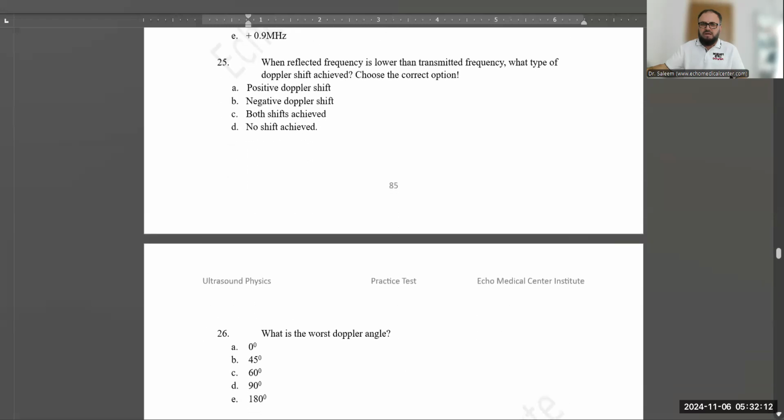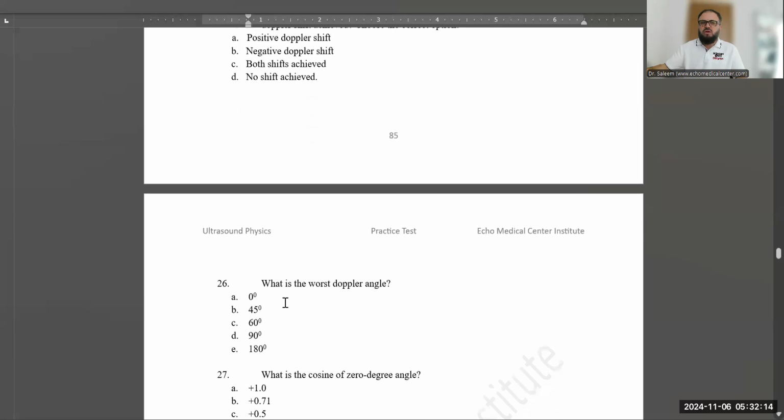Okay, this is a very easy question. What is the worst Doppler angle? What do you think? Correct. D is the correct answer, 90 degrees. Why? Because at 90 degrees, the cosine of 90 is 0, and no Doppler shift will be achieved with that.